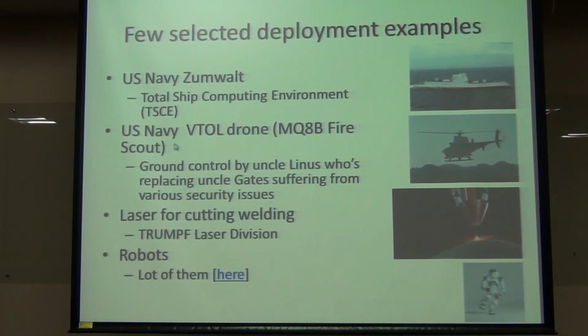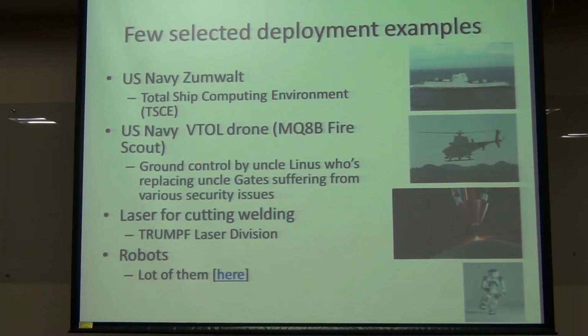The U.S. Navy VTOL, vertical takeoff and landing drone, is deployed by ground control, Windows-based ground control, but there was some malware infection last year. So I think that's why they chose Linux for ground control of this drone. So it's going to be controlled by Uncle Linux instead of Uncle Gates. This is also contracted by Raytheon.